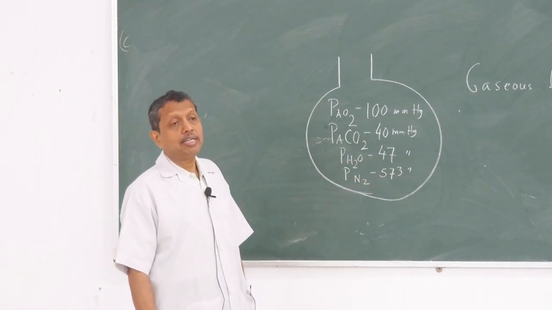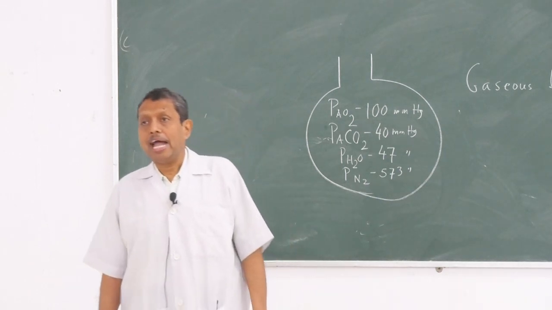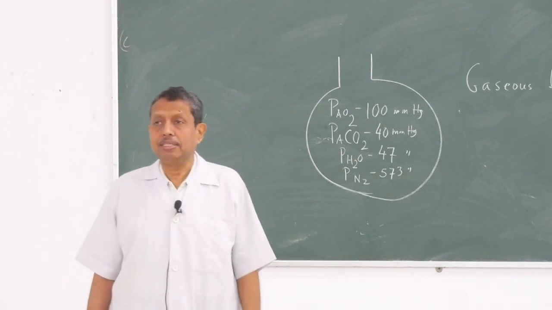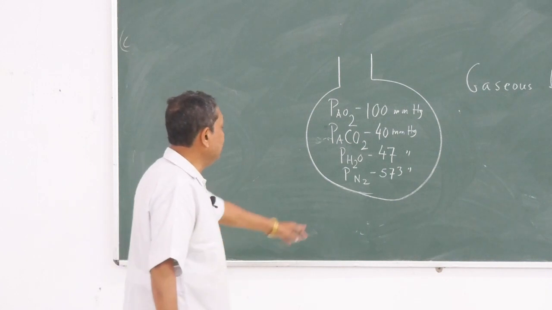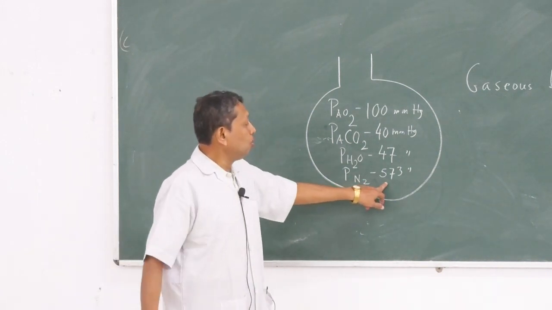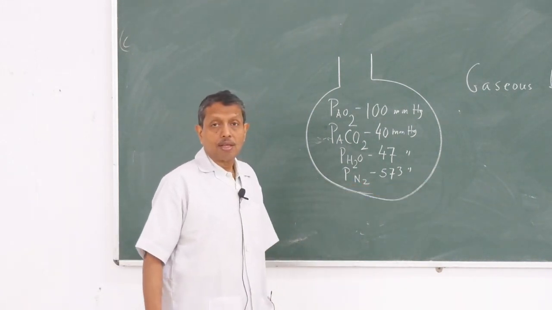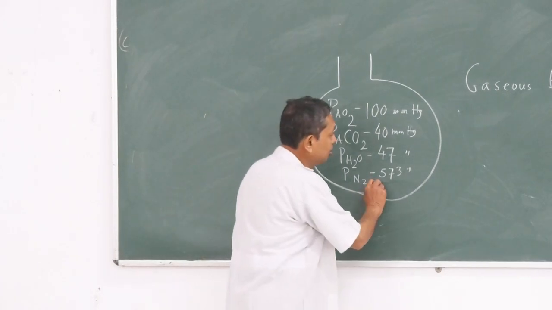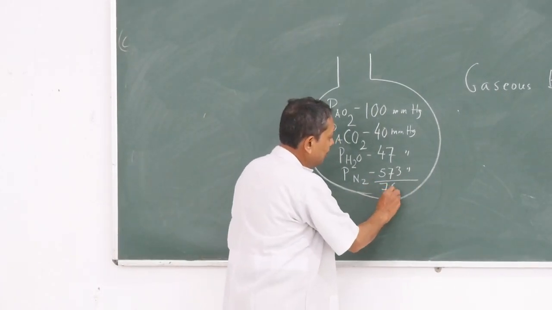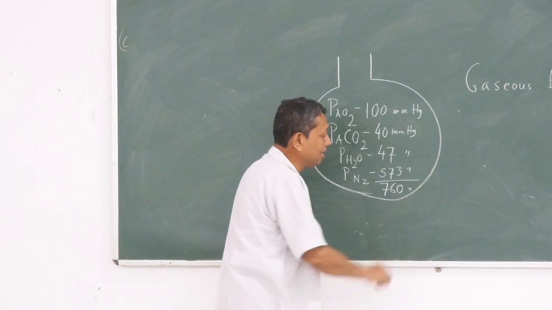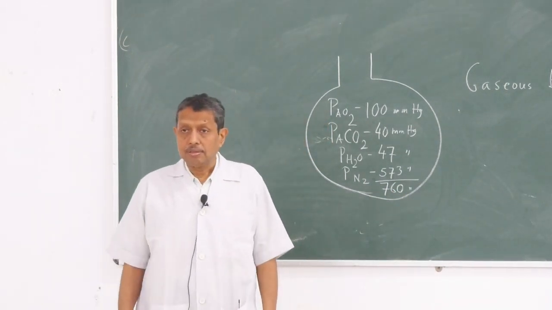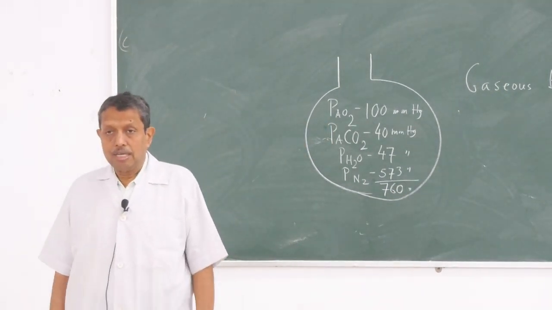It is the saturated water vapor pressure at body temperature 37 degrees. And by default PN2 573. Total is 760 millimeter of mercury. Clear? 760 millimeter.